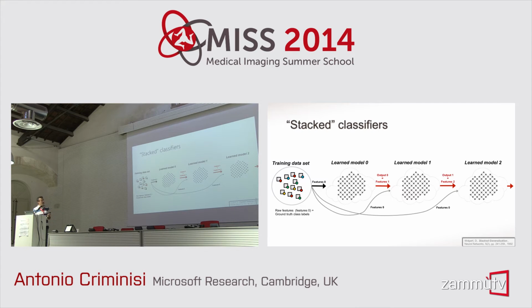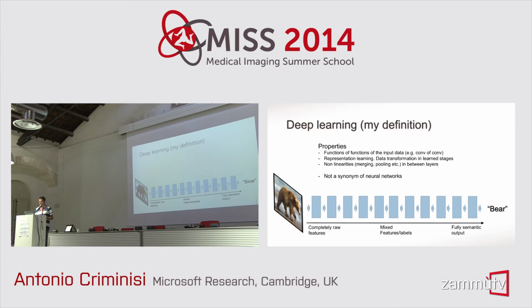But what I'm trying to say here is that deep learning, or stacking, is not a synonym of neural networks. And the classifier that you learn in each of these intermediate steps can be anything that you like. Okay, it could be an SVM, could be a forest, could be something that you feel comfortable with and works for you.